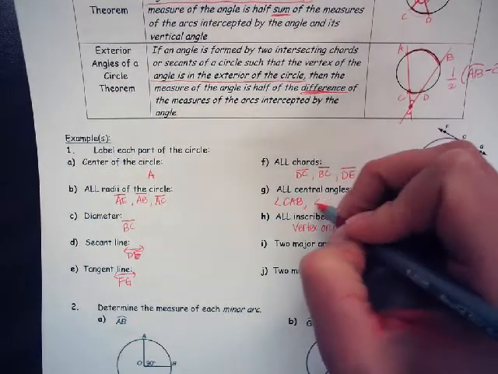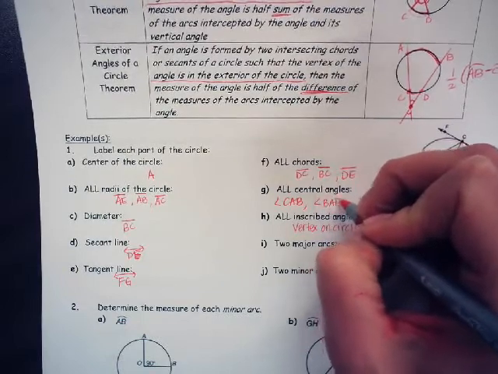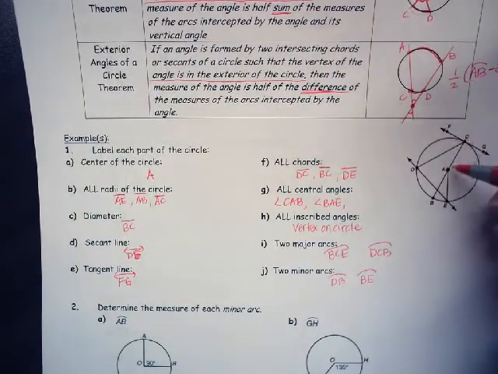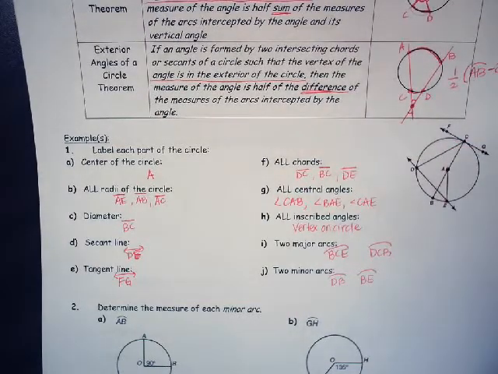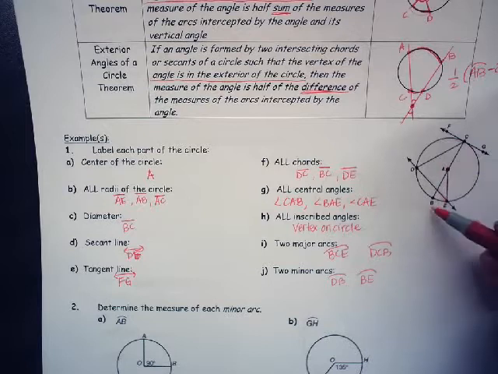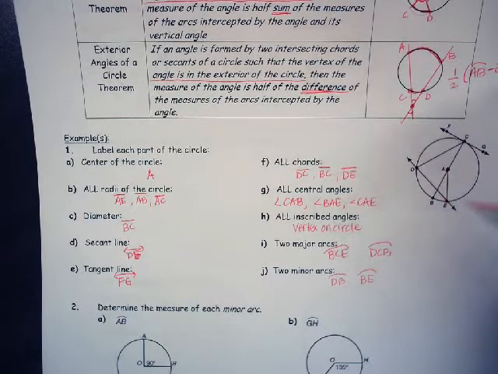BAE would be a central angle. CAE would be a central angle. I think any others that we have, like we could have CAB again this way, but they're all combinations of this, so we'll leave it at that.